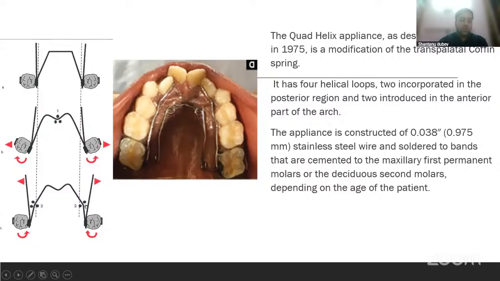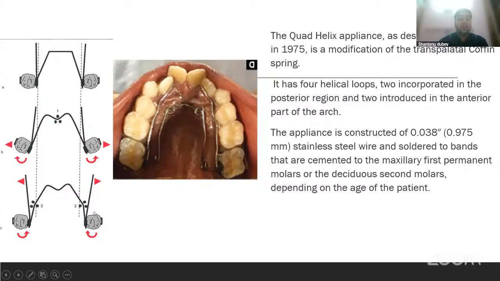So if we introduce three-prong pliers here, we see that the molars get derotated. The molar derotation is achieved and the anterior expansion is introduced. So the first activation in the anterior region causes expansion of the posterior, but also causes rotation of the molar.